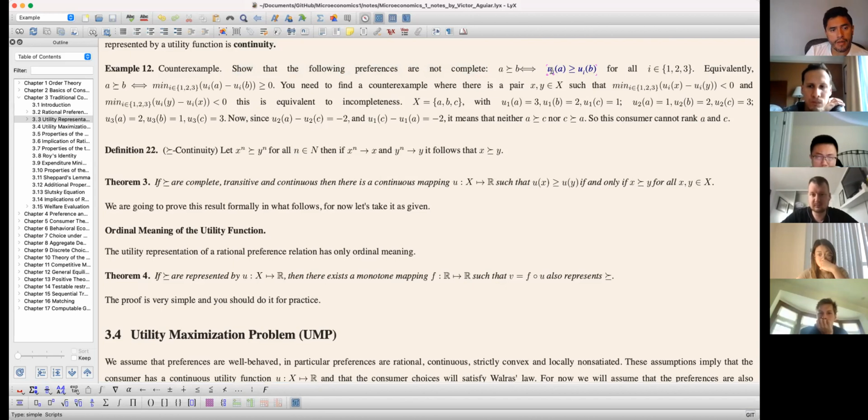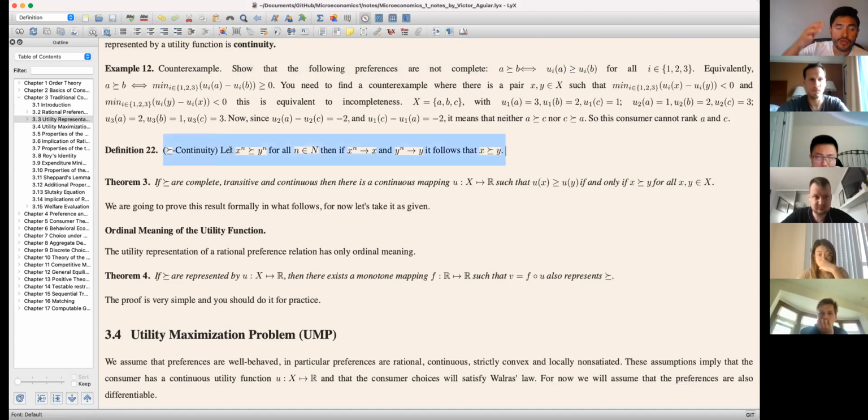The main thing you have to remember is that there are some issues when you move to choice sets that are not finite. In fact, this equivalence breaks in cases such as lexicographic preferences. If you have the plane R2 as a choice set, lexicographic preferences do not have a utility representation.